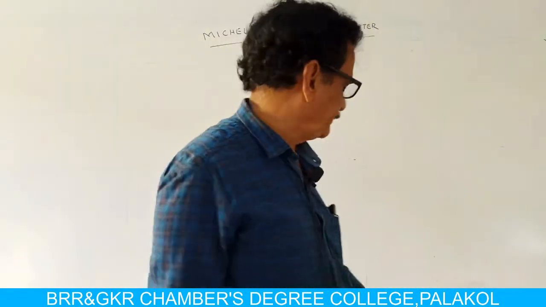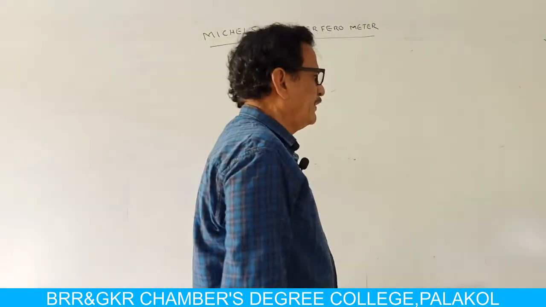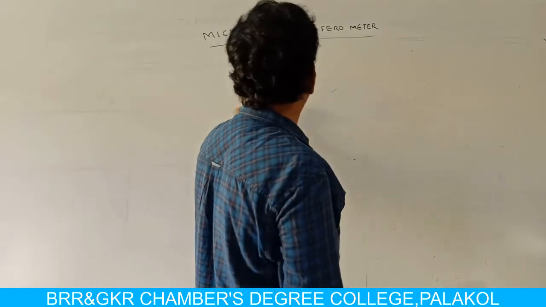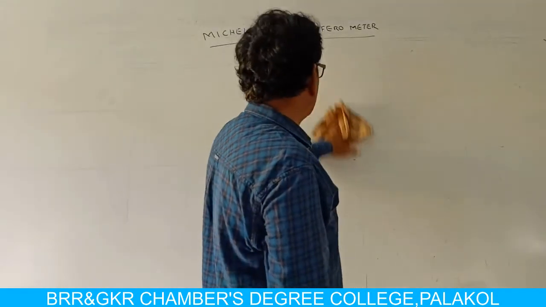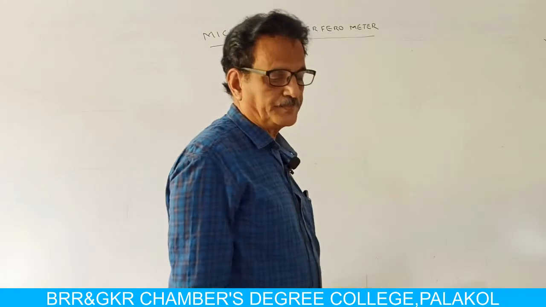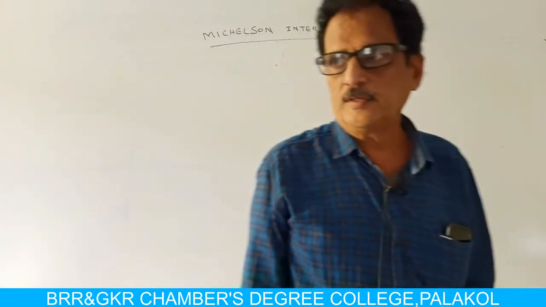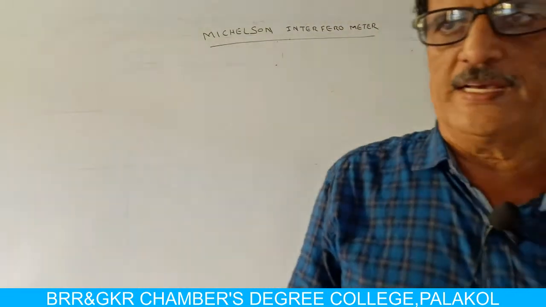And the third one is determination of the difference in wavelengths. If sodium light is used, then the light consists of two wavelengths, D1, D2 lines.